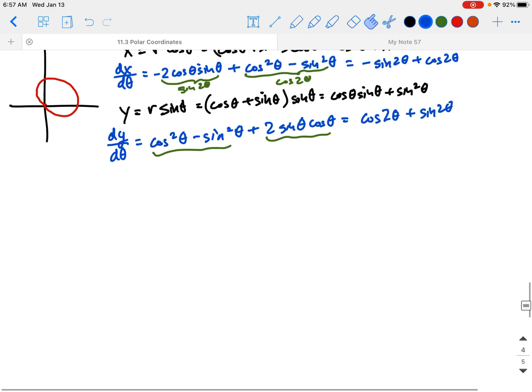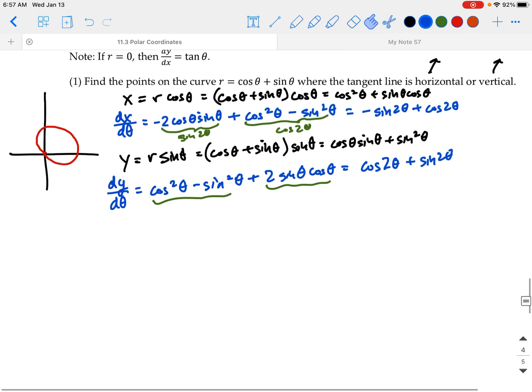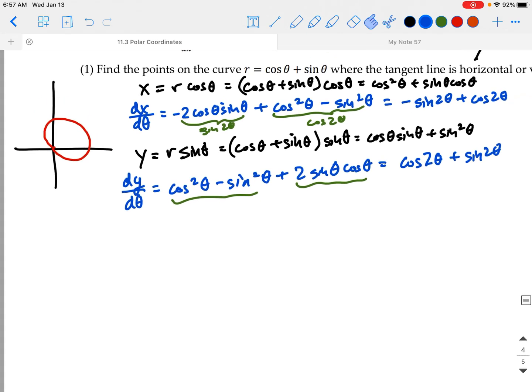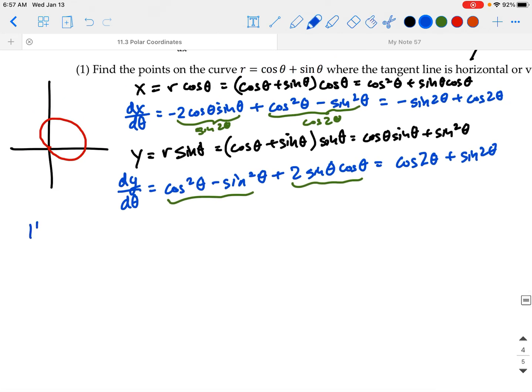All right, so we're not finding dy over dx, so we don't need to take the ratio of these. We can just consider each one of them separately. So we'll start with a horizontal case. So that'll be dy d theta is equal to 0.